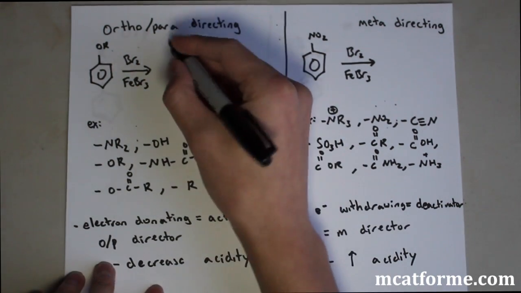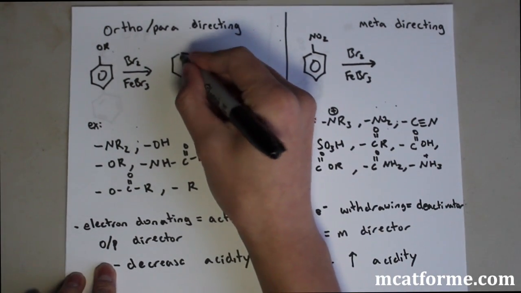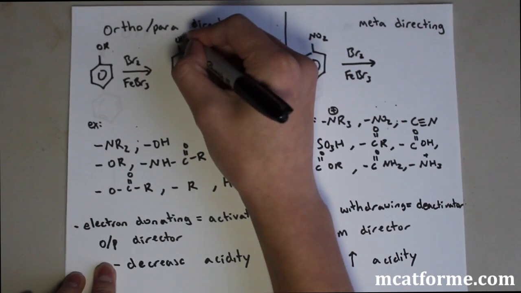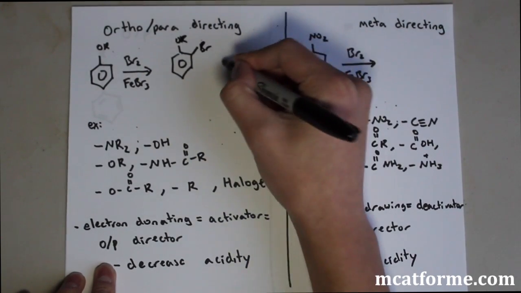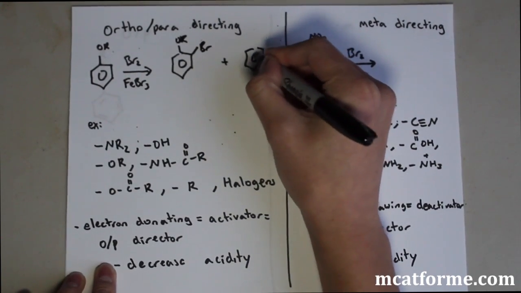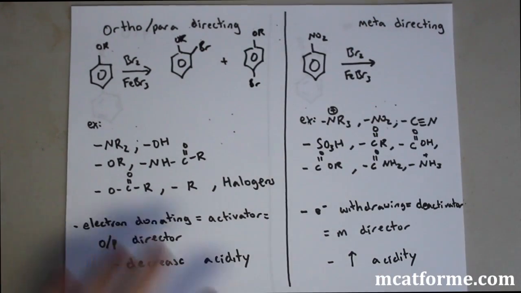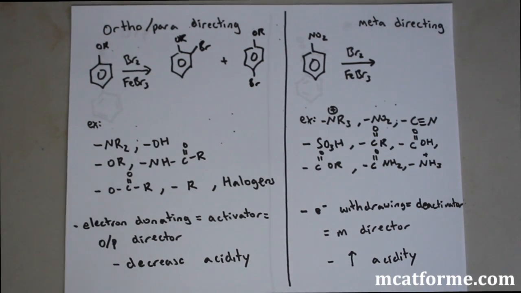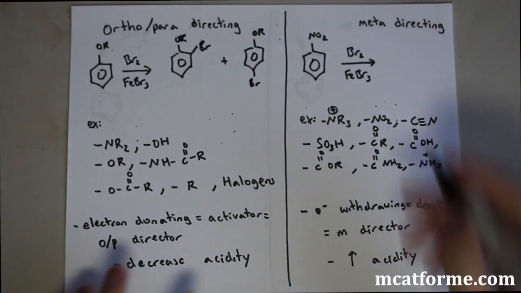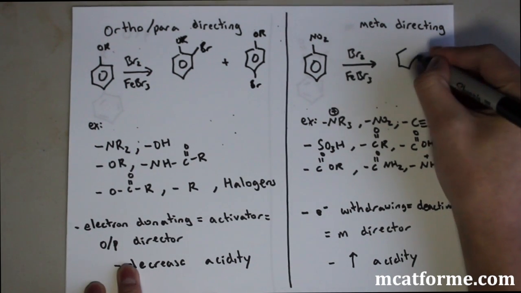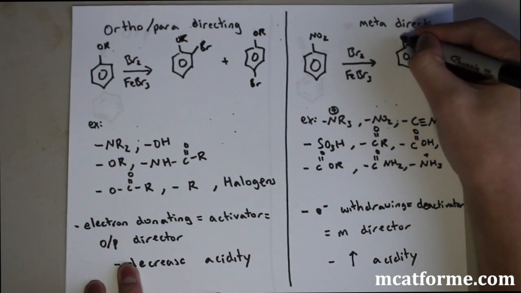Let's see what those look like. In the ortho-para case, we're going to get a Br in the ortho position and also in the para position. Just know those go together. Ortho and para will always react together. And meta is the one that's all by itself, so our compound will look something like this.